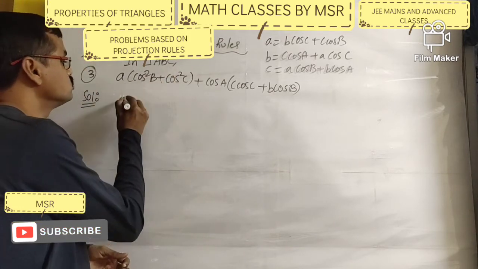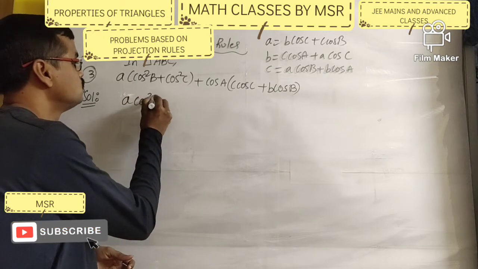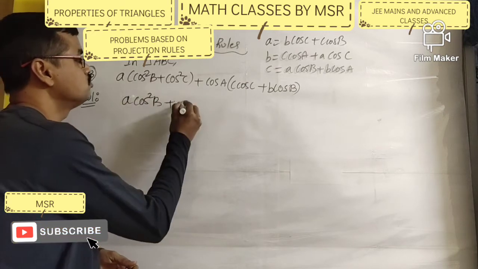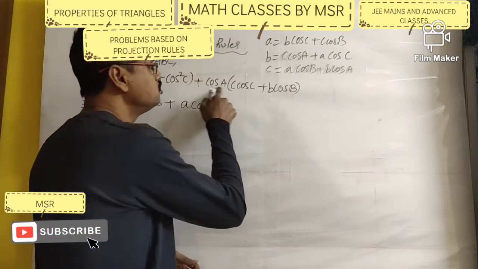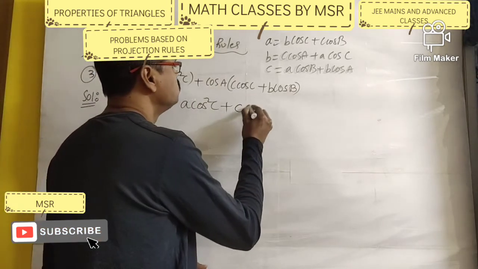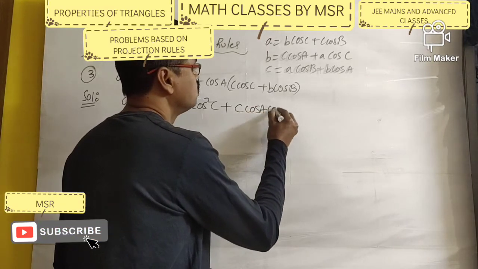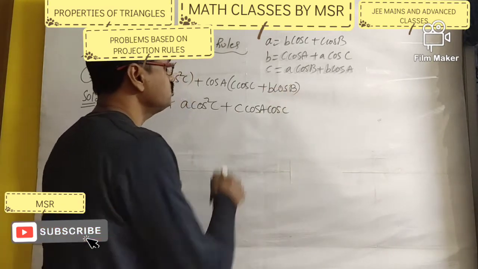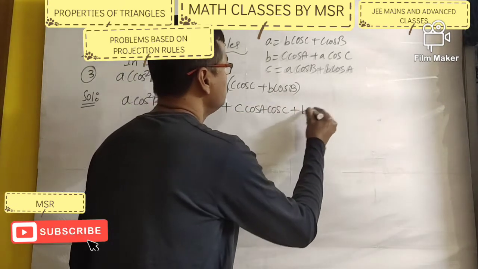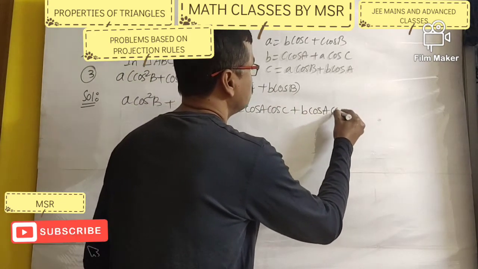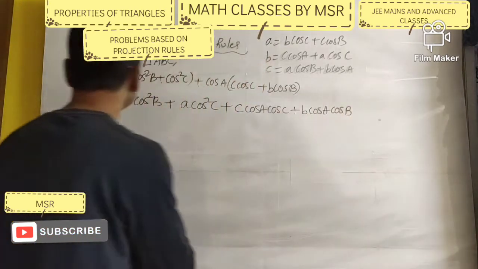A cos square B plus A cos square C plus cos A into C cos C, that is C cos A cos C. Again cos A times of B cos B, that is B cos A cos B.